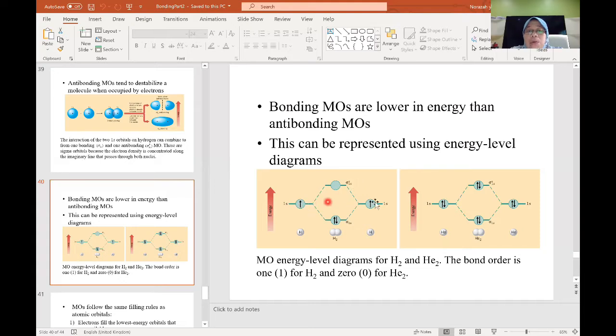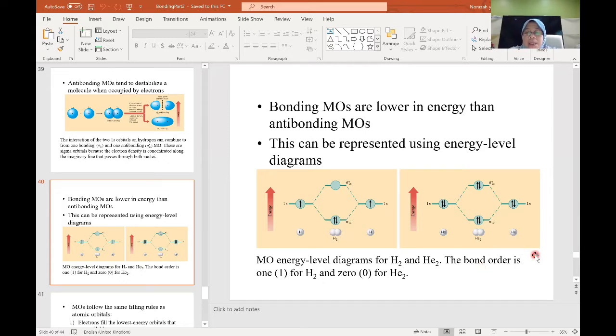But since we only have 2 electrons in total, you fill up sigma 1s first and then pair them, so now it is already full. There is no more electron to be put inside the second orbital, which is higher in energy than sigma 1s.